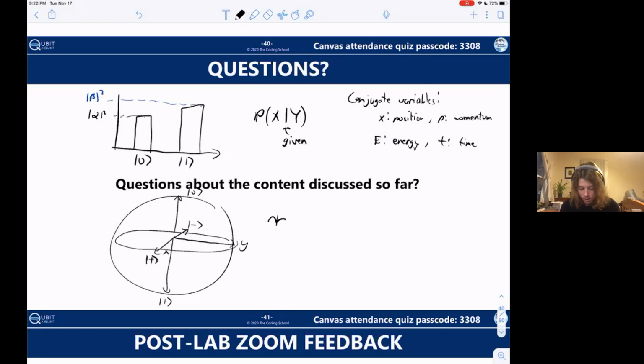So you could equally describe this state as alpha plus plus beta minus, and there are times where that might be more useful. It's just a different basis to work with.